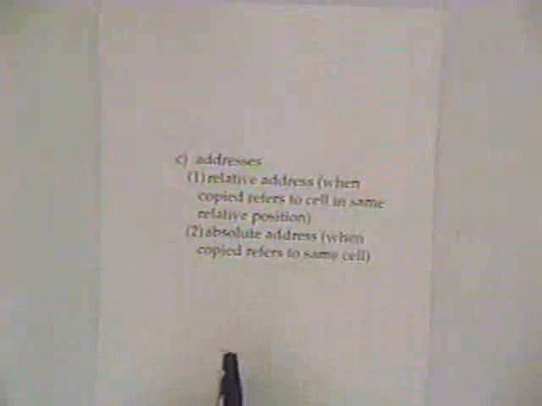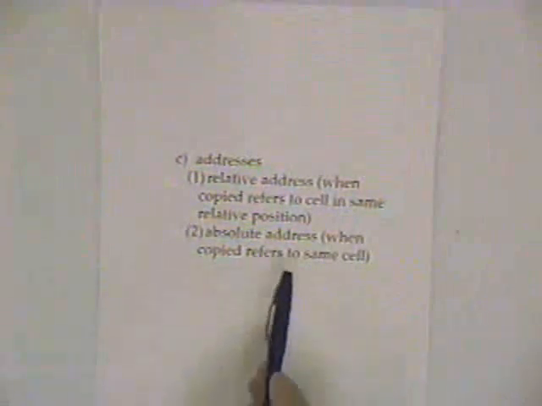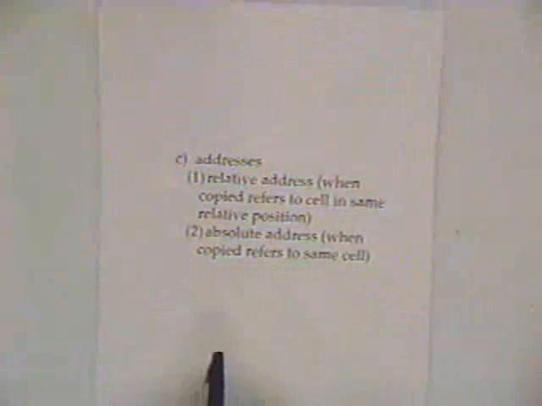So the difference is that a relative address is copied, and the reference then stays the same in relative position. An absolute address refers to the exact same cell that it originally referred to. Let's then look at some example problems that you might see for spreadsheets.